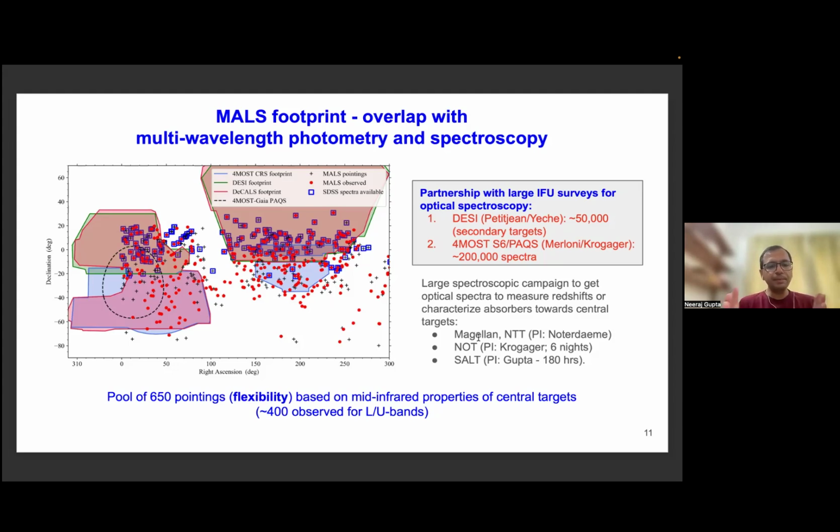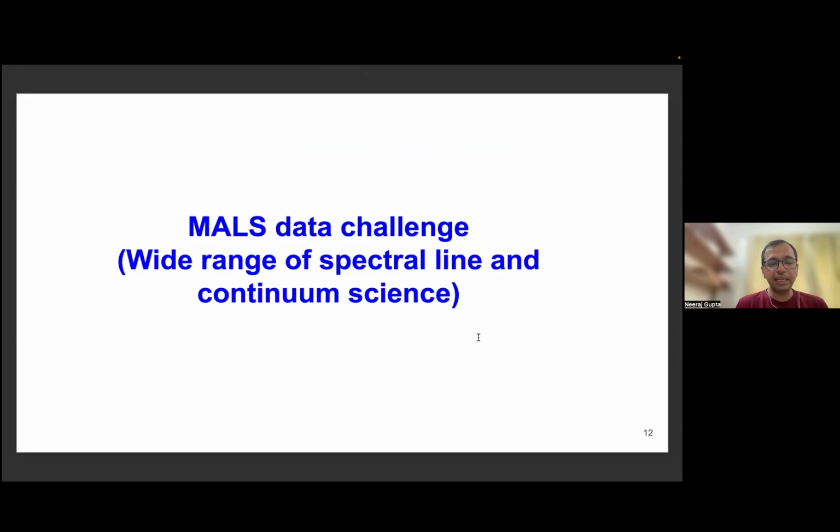So once that we understood how these pointings are to be selected, particularly to carry out this survey, we started observing with MeerKAT in around 2020, and each 1 hour integration at L band contributes to one terabyte of data. So for the entire survey volume, this corresponds to 1.5 petabytes of just the raw visibilities.